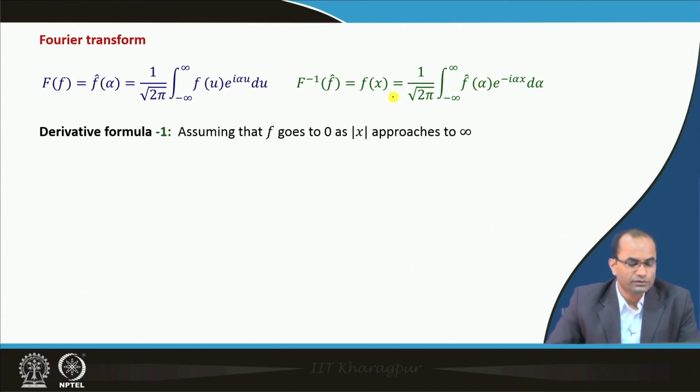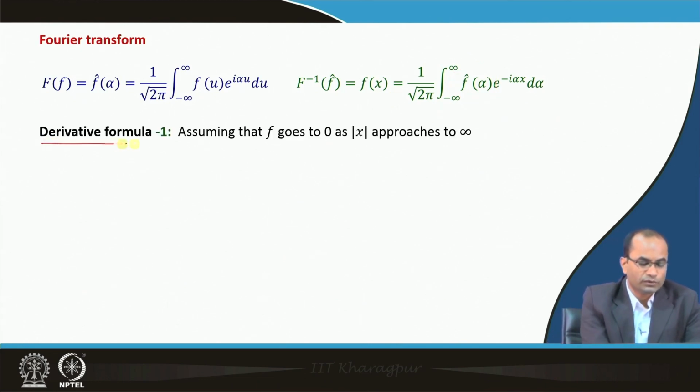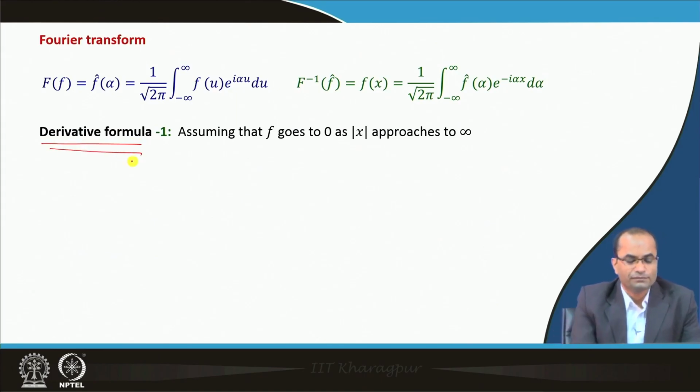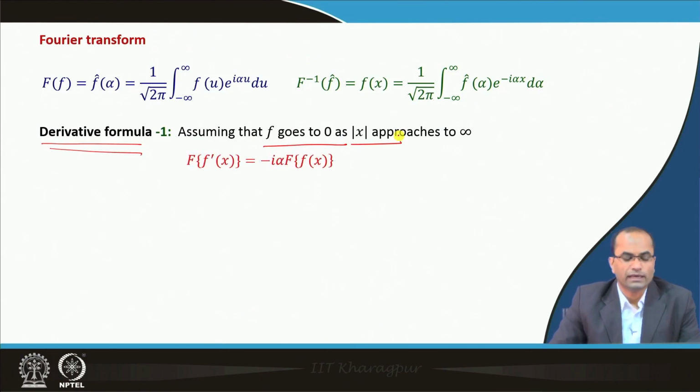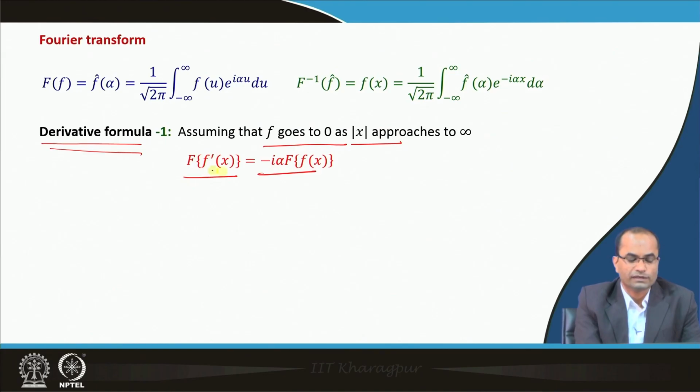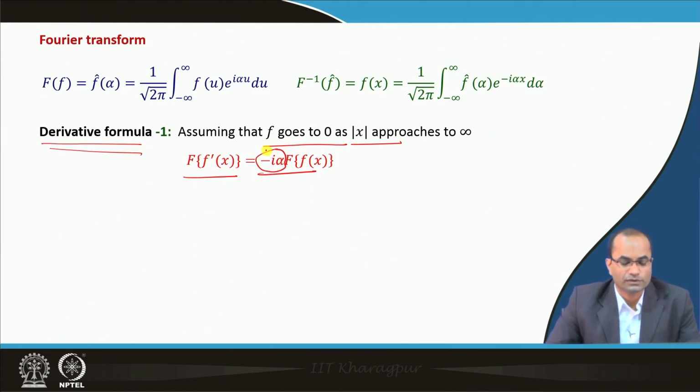These two will be used there, and the most important is the derivative formula, where we assume that f goes to 0 as x approaches infinity. In that case the derivative formula for f prime has the factor minus i alpha coming out of the Fourier transform, and then we have the Fourier transform of f.